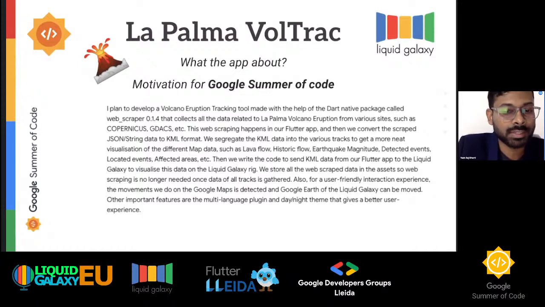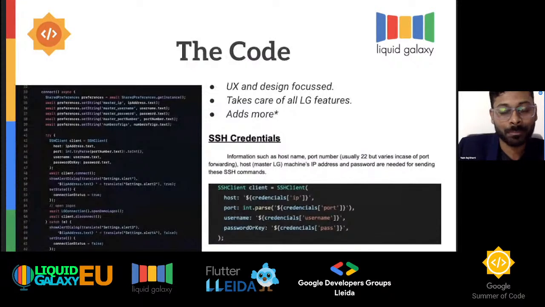Other important features I listed were to make a multi-language plugin. You know that the La Palma volcano tracking app comes in 10 languages, and a day-night theme toggle for a better user experience. So let's jump in.